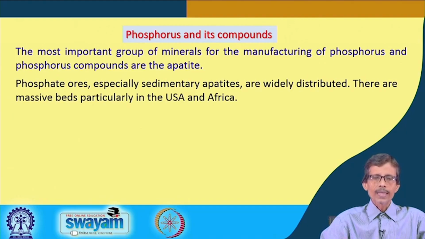The nature of those apatites is sedimentary, widely distributed throughout the earth crust, some also below the earth crust, and there are massive beds, particularly in USA and Africa, from which we can get these phosphate ores or phosphate rocks.